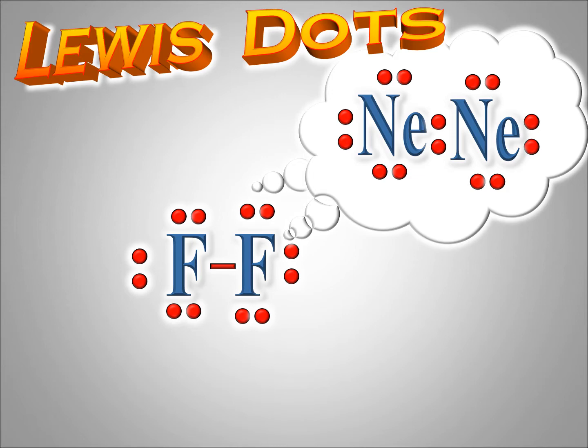Each of those fluorine atoms in that fluorine molecule has 4 pairs. Well, it thinks it does if you count the bond for each one. So 4 pairs is what makes up an octet, right? Because every pair is 2. 8 divided by 2 is 4. So pretty much a lot of the time, as long as we're dealing with octets, which we usually are, we're going to be talking about 4 pairs of electrons.